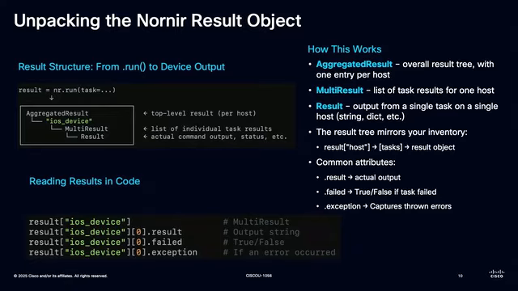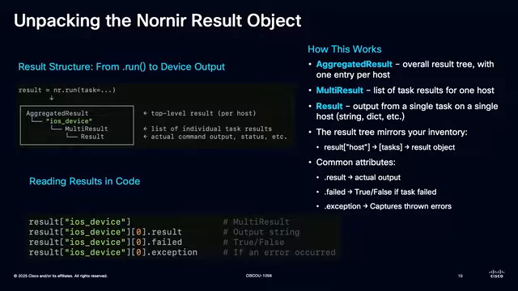So after you run that task, so you've done nornir.run, you've plugged in a function, and then that function returns results. Within Nornir, it actually has additional capabilities of what they call a result object. And for me, this was the most confusing part in the whole process of Nornir, because when I was coming from Ansible, I was like, okay, I can plug in my inventory file, I can plug in my device connections and my host names.